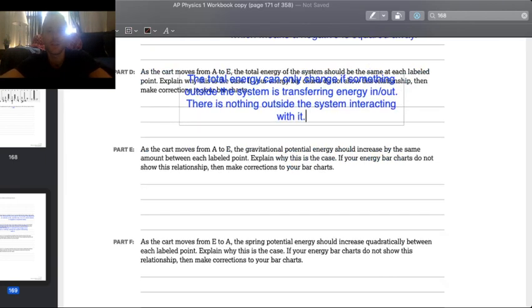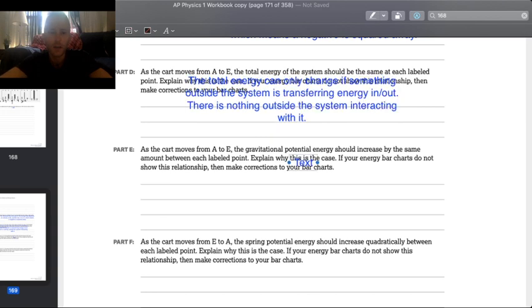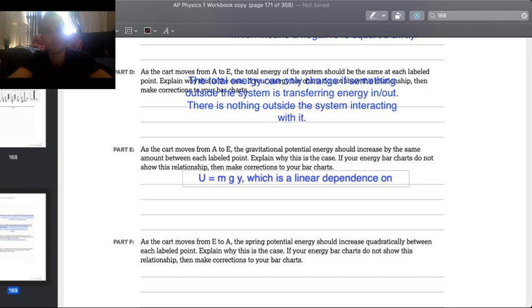As the cart moves from A to E, the gravitational potential energy should increase by the same amount between each labeled point. Explain why this is the case. I would say the formula for gravitational potential energy is mgy, which is a linear dependence on y.